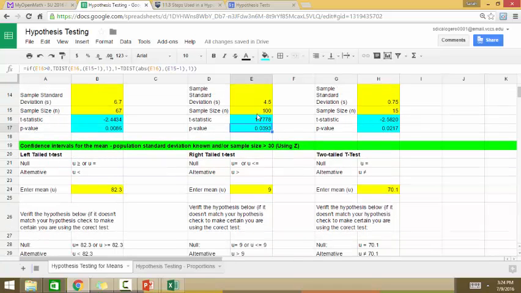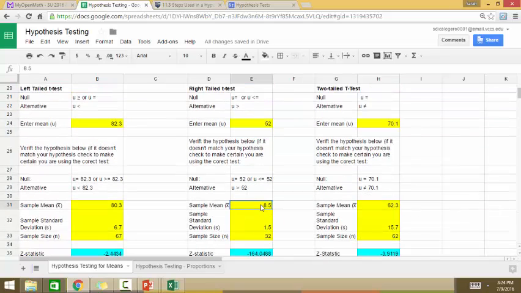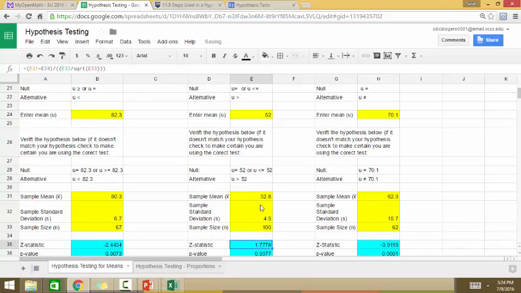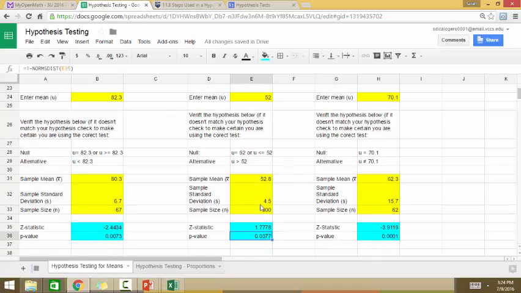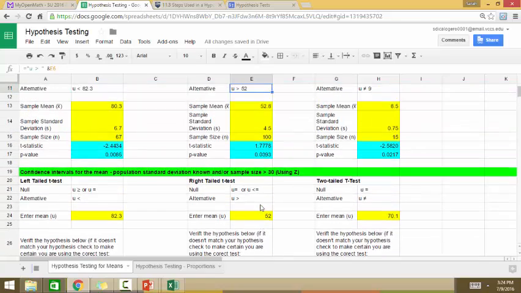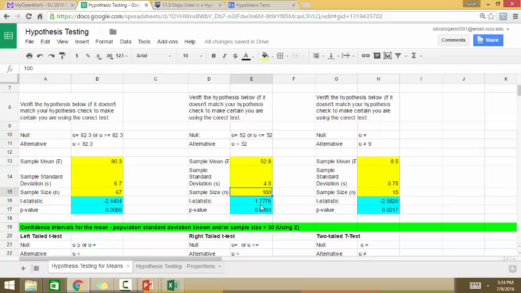Because our sample size was pretty large, it was 100, if I put my sample mean here, look at what my numbers were. My Z was 1.778 and my p was 0.0377. So when our sample sizes get to be significantly large, we are going to see the same results.